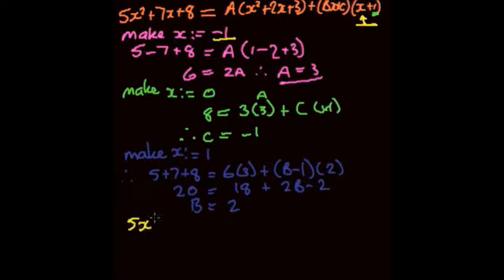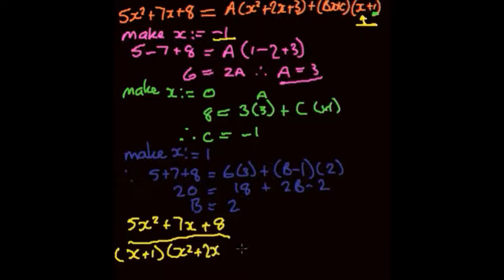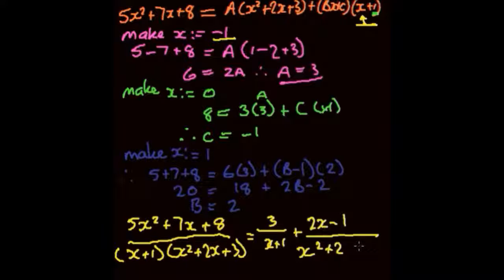So I've got 5x squared plus 7x plus 8 all over x plus 1 times x squared plus 2x plus 3 equals 3 over x plus 1 plus 2x minus 1 all over x squared plus 2x plus 3.